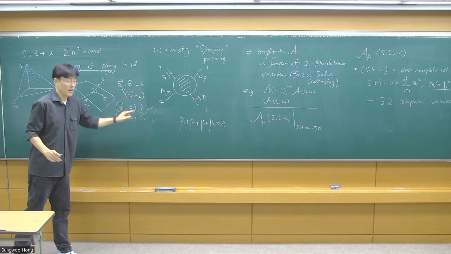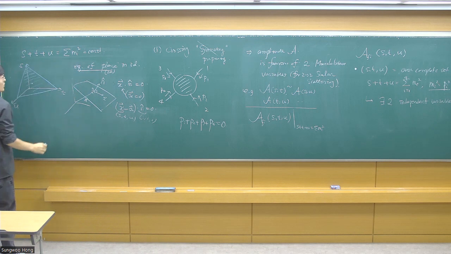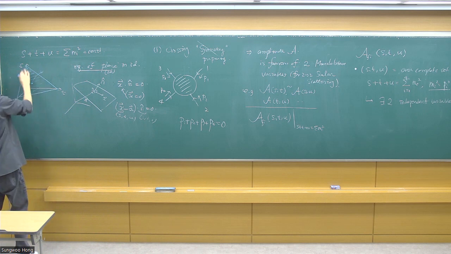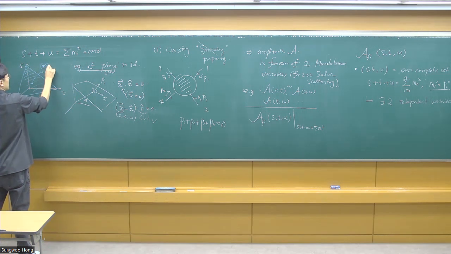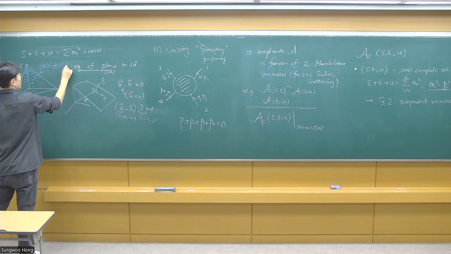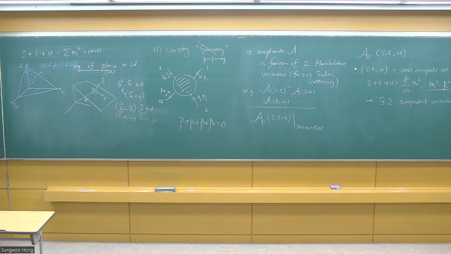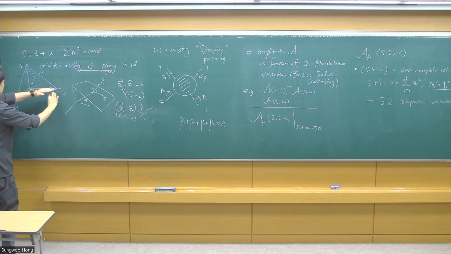The origin of this plane is one third of m squared, so one third. And this line is where s is 0, so the entire plane here is where s is 0.